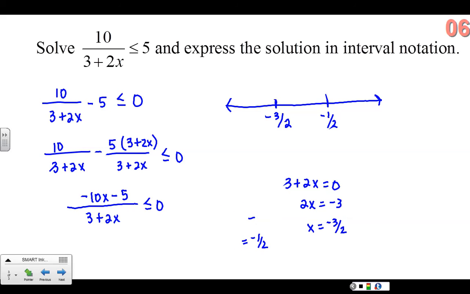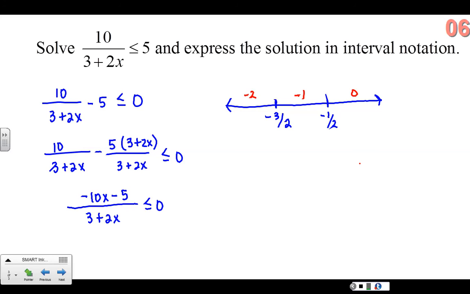Now we have to pick some test points to plug in here. No problem. Test point, something that's less than negative 3/2 would be like negative 2. Something between negative 3/2 and negative 1/2, how about negative 1? And something bigger than negative 1/2, 0 would work. So let's plug those in here and see what we get.